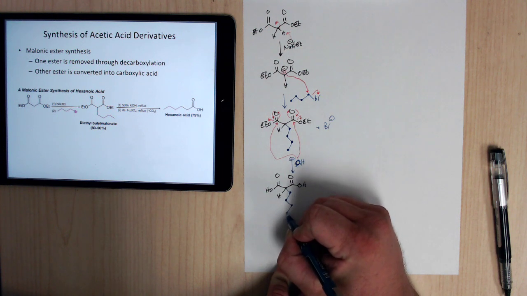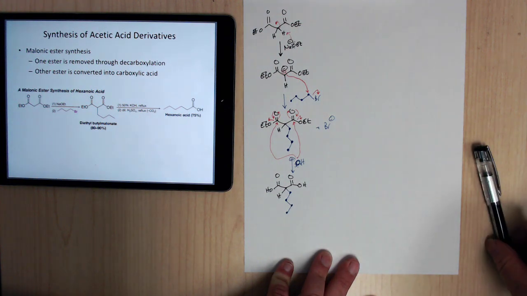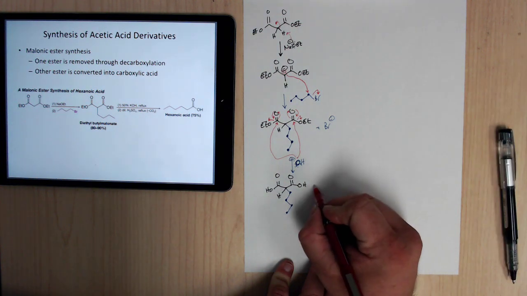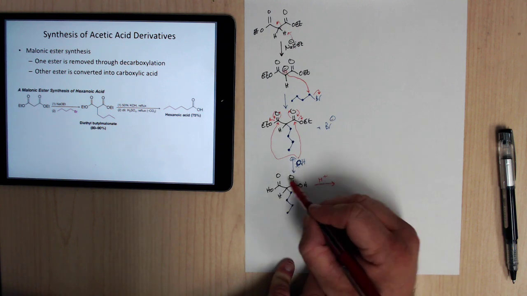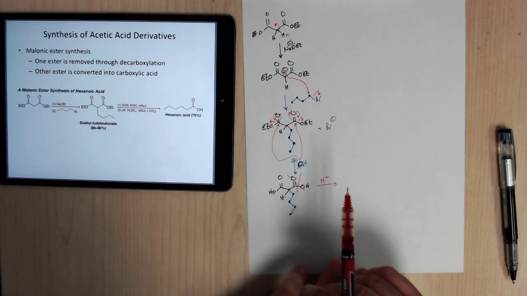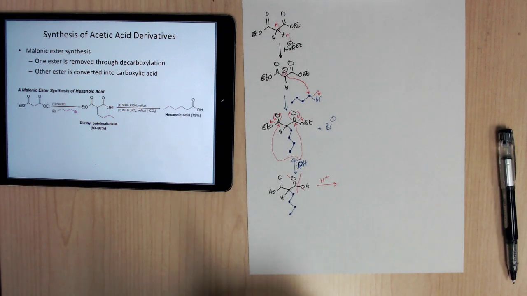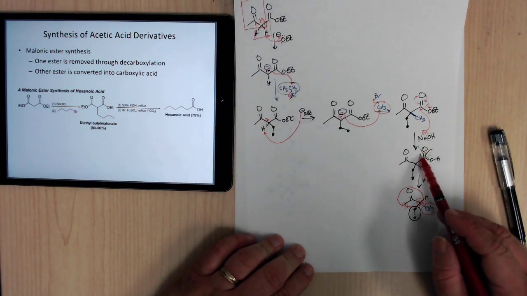And then when you run it through the acid step, it doesn't matter which one of these is going to go away. It's going to decarboxylate, just like what happened over here. After the hydroxide step, it turned into carboxylic acid.